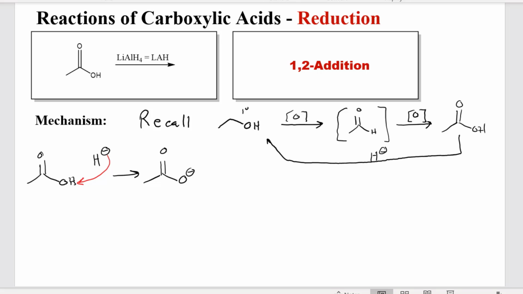That would be weird. So let's just ignore the acid-base chemistry that's probably happening so that we can write something a little bit neater. This is definitely happening, but it doesn't help us in the mechanism if we're trying to understand the reality, which is experimentally, we do see carboxylic acids being able to be reduced. So let's just do an in, up, down, out reaction.